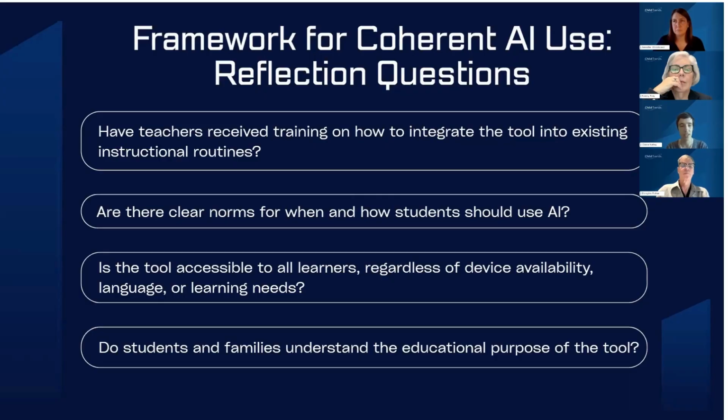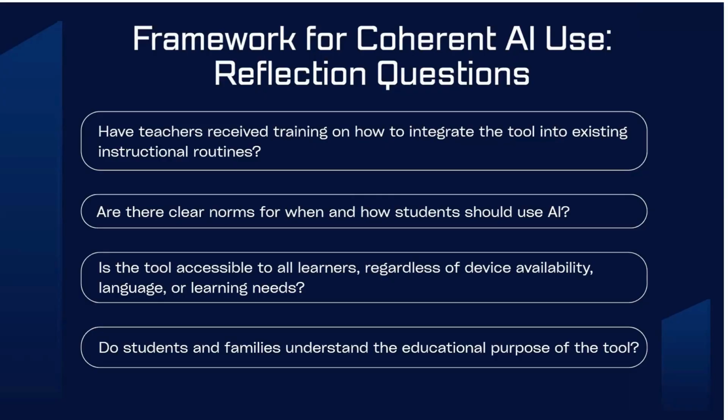And as Doug and Nancy already mentioned, are there clear norms for when and how students should be using AI? We also want to think about fundamental features like, is the tool accessible to all learners? And do students and families fully understand the educational purpose and potential benefits of the tool? And this framework can help you organize these thoughts at the beginning of the implementation of a project.